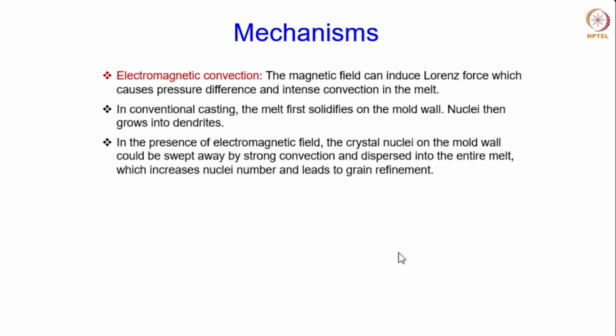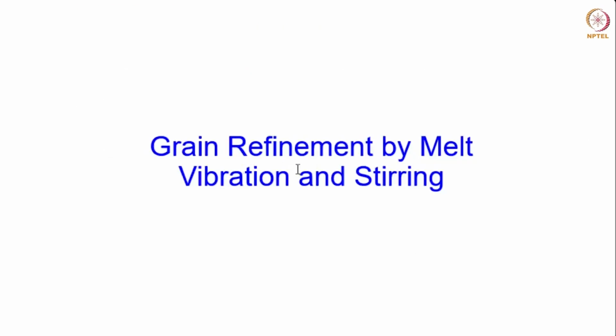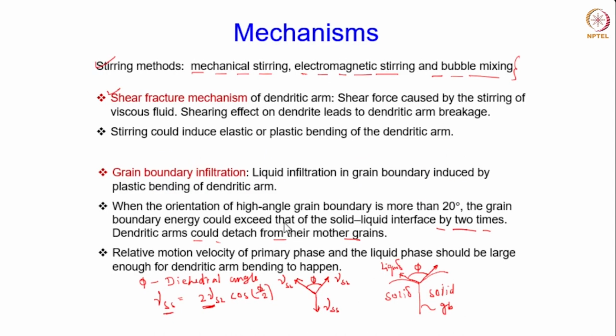Okay, so let me summarize this particular method of grain refinement by vibrating and stirring the melt. First of all, there are different ways by which the stirring can be done, like mechanical stirring, electromagnetic stirring, and so on. And when you create the stirring in the liquid metal, there are certain mechanisms through which the grain refinement occurs, and that is what we have discussed in this particular class.